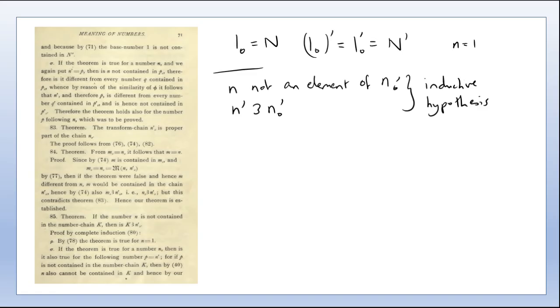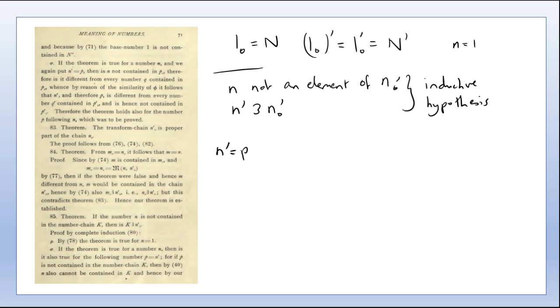And we again put n primed equal to p. So when we see Dedekind doing this, it's again typically because he seems to want to avoid using the notation n primed primed for whatever reason. Okay, so we again put n primed is equal to p. Then n is not contained in p naught.